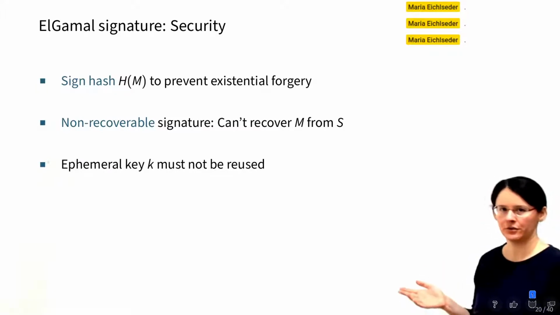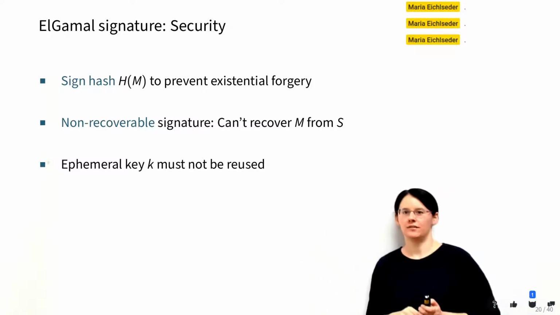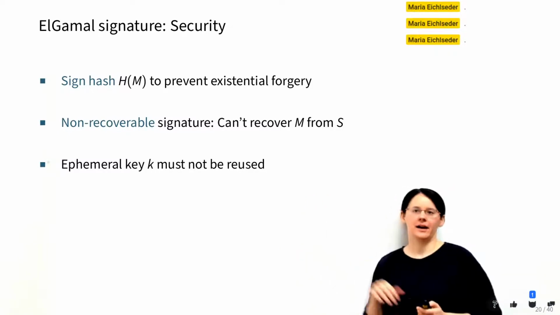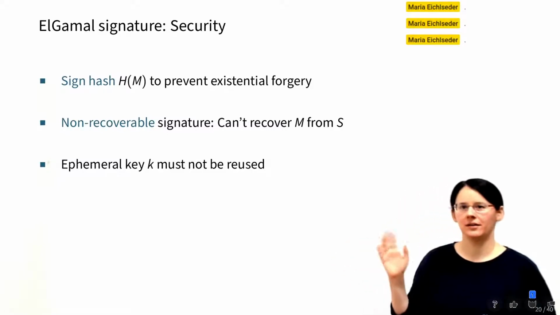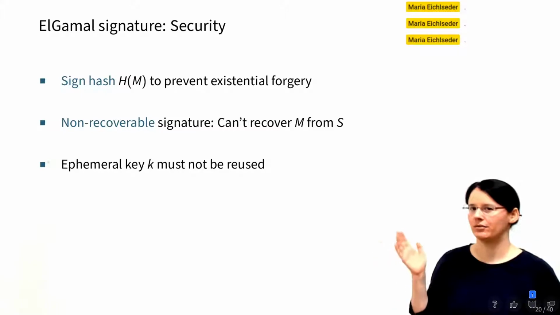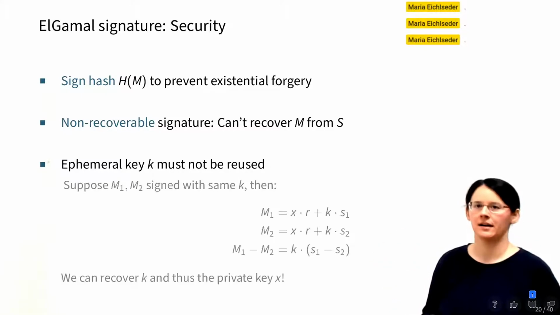What's absolutely crucial is that this temporary private key is never reused. I already said that for the El-Gamal encryption scheme. I'm saying it here again, and here it's also very easy to show why it mustn't be reused. This is something that you may already know from last year's InfoSec exercises where something similar appeared. But let's have a look.